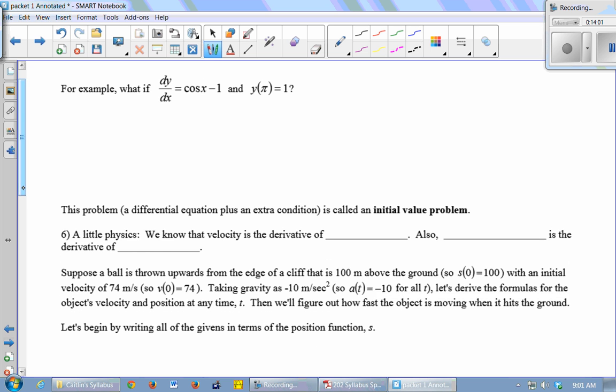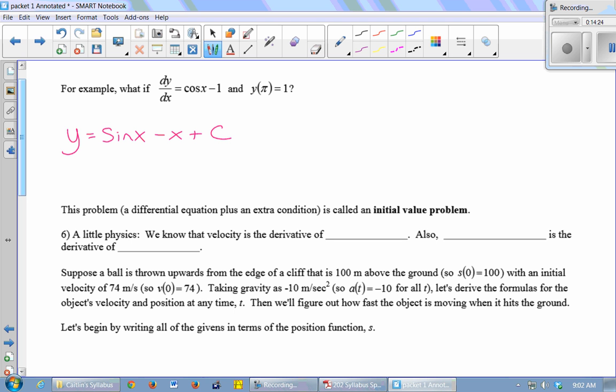All right, so for example, here's a differential equation, dy dx equals cosine x minus 1. I know that all the solutions to this guy look like sine x minus x plus c. But I want the specific solution where when you plug pi in for x, you get 1 as the output.